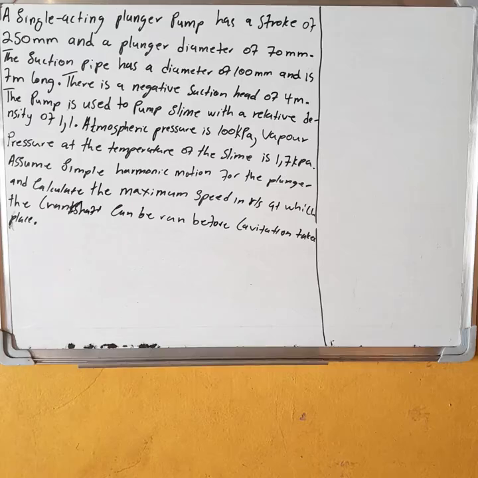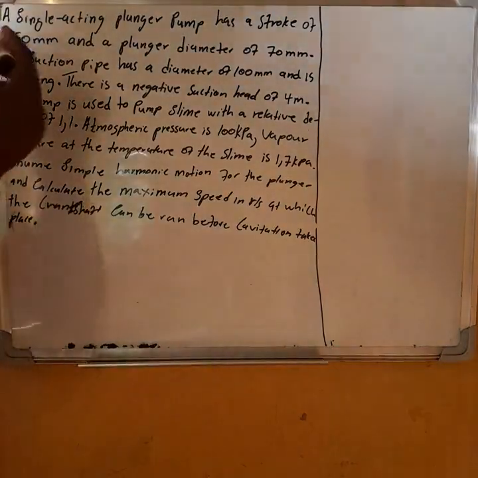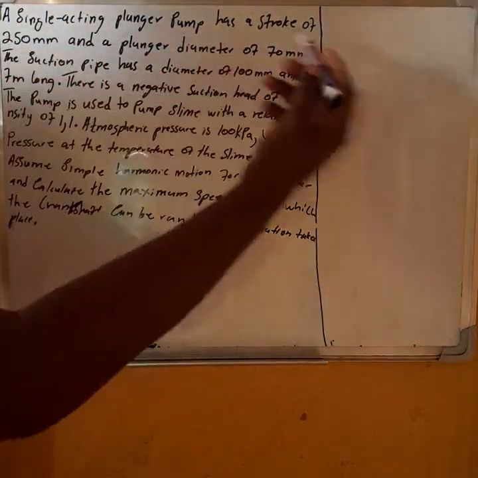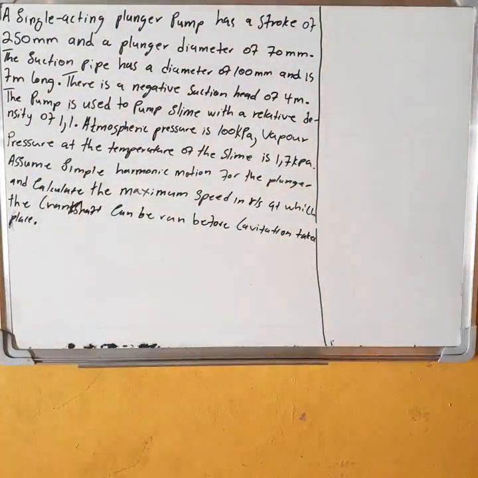Okay, let us attack. Let us read the statement here. It says a single acting pump. This is the single, and this is also a double, but this is the single anyway.